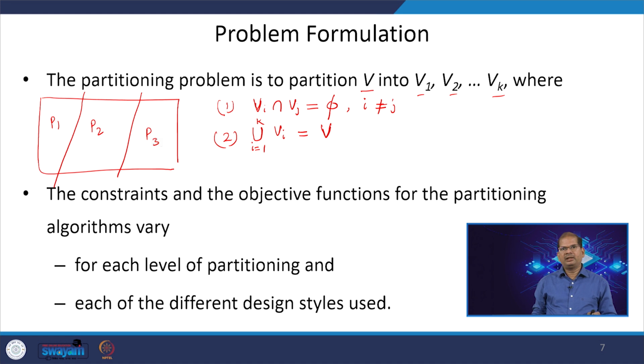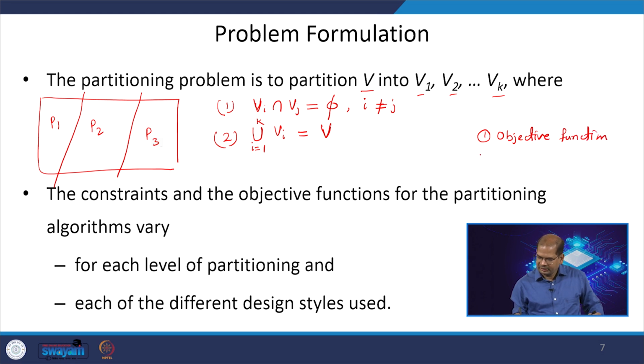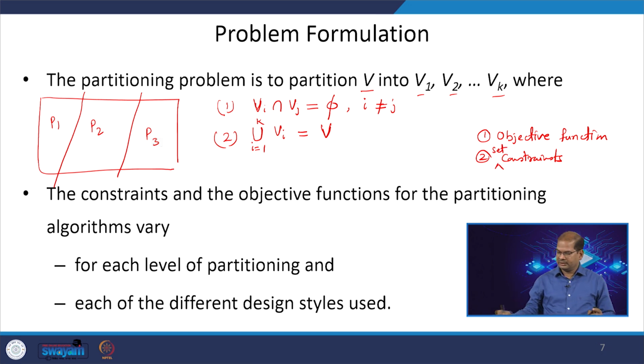Whenever we have any kind of problem formulation, we want to optimize it. So, whenever we have an optimization problem, two things come into the picture. One is called the objective function, and the second one is called the constraints, a set of constraints, because a constraint is not one line, maybe multiple lines.